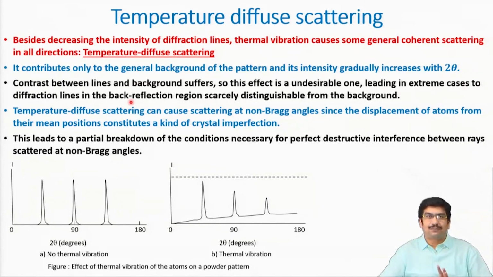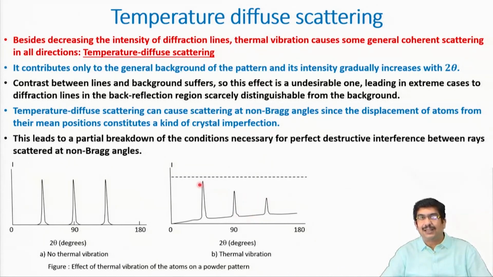If we see here, these are the 3 peaks which are of the same intensity if we ignore the thermal vibration effect or this temperature effect. High angle peaks, of course very high angle peaks, if they have the same intensity, if we keep the temperature factor aside, then they will have this kind of an intensity profile because of two effects. One, their intensity will decrease.